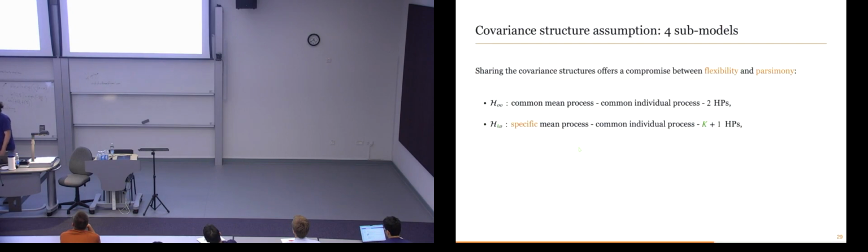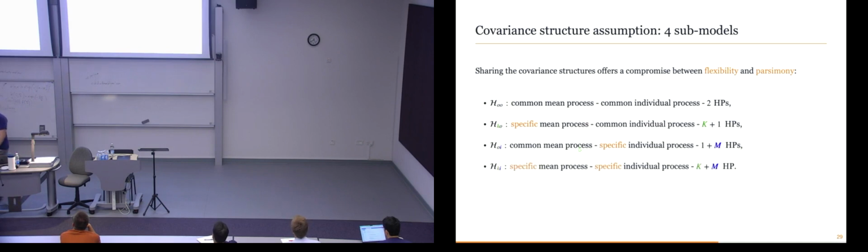And if you want to be more specific, if you think that some mean processes have a really different trend compared to the others, you can make those hyperparameters specific to each cluster. In this case, you will have k+1 hyperparameters. You can do the same with the tasks, and you can do both at the same time. In this case, you will be the most flexible.